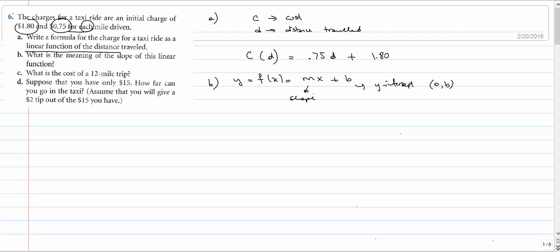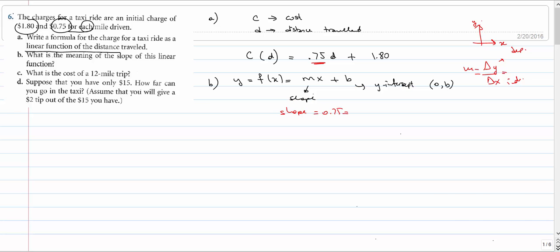So in this problem, my slope is the value in front of the variable D. So slope is 0.75. And you know, slope is change in y to change in x, so the change of the dependent variable to the change of the independent variable.